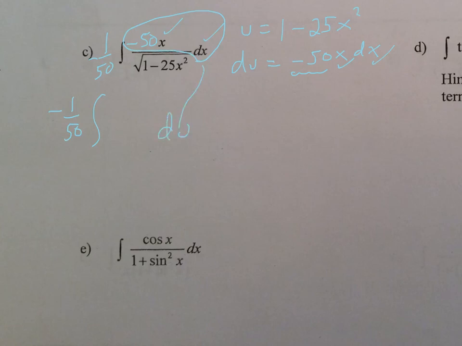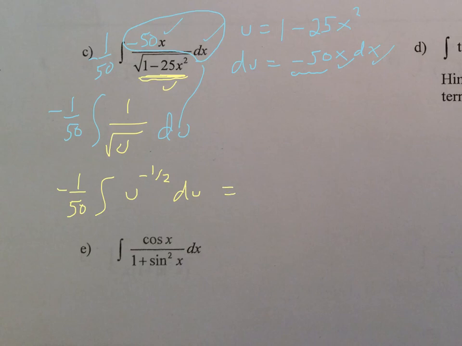So I have 1 over, the 1 minus 25x squared is u, so I have the square root of u. That's all u. So in order to solve that, I can think about that as u to the negative 1/2 du.